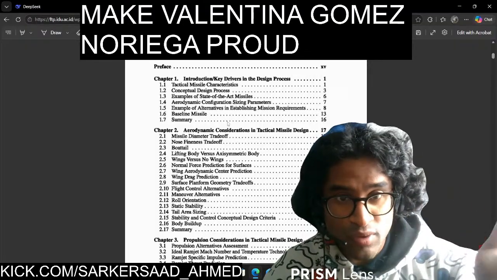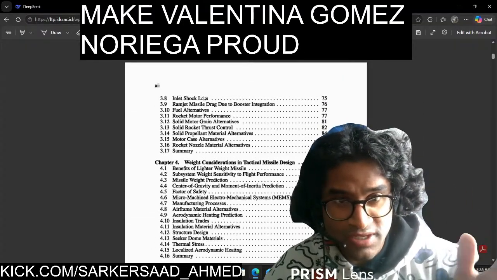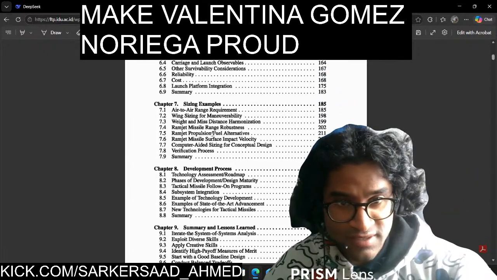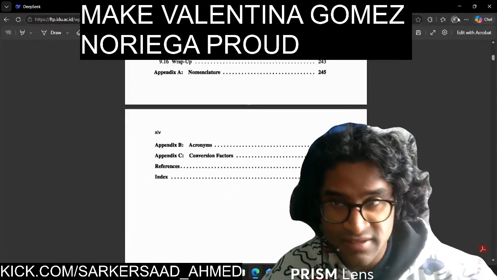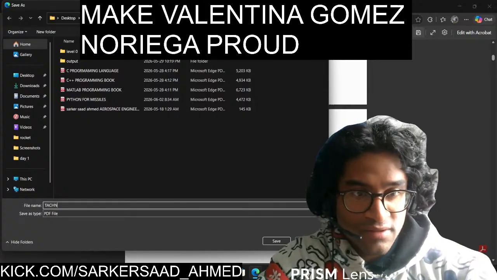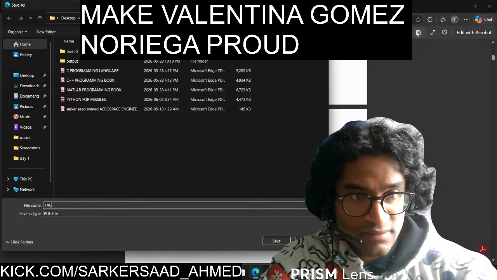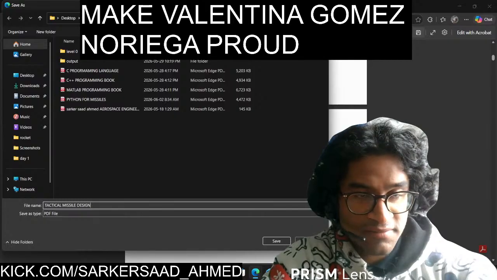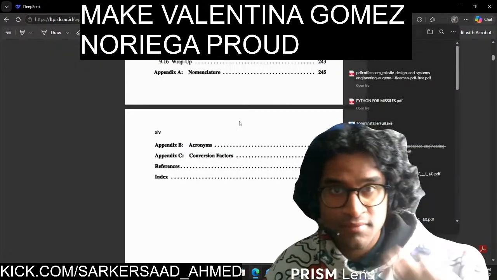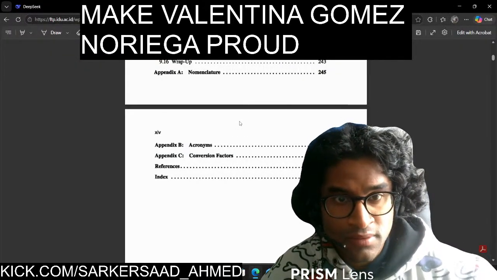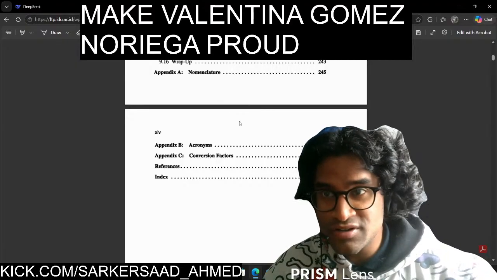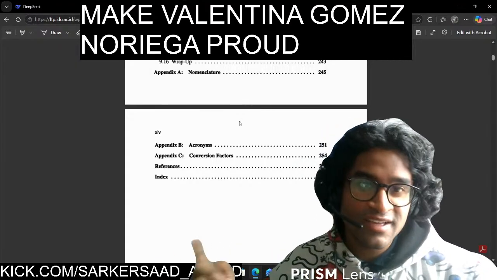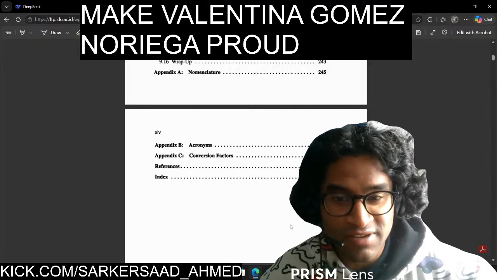So I'm going to do 2.1, 2.2, 2.3, 2.4, 2.5, 6, 7, 8, 9. So, Tactical Missile Design. I'm going to use the same book for Python, the same book for embedded C, same book for MATLAB and stuff like that.